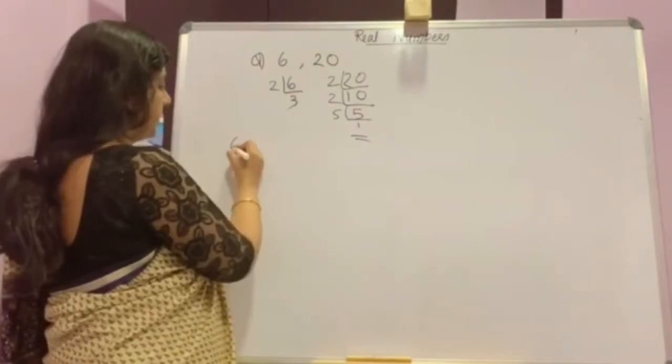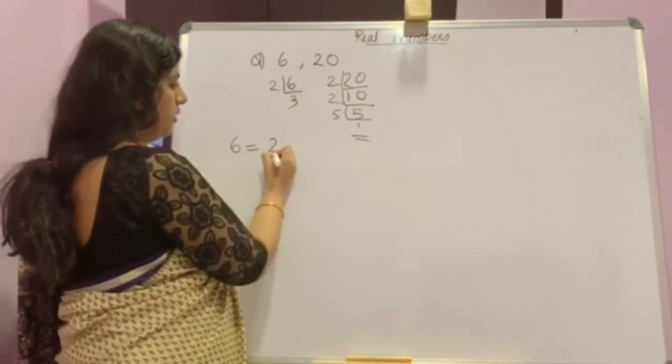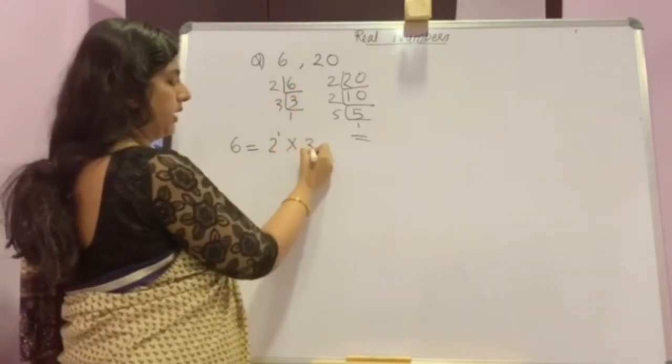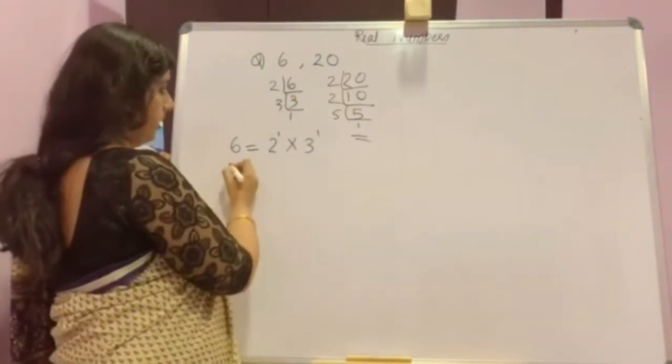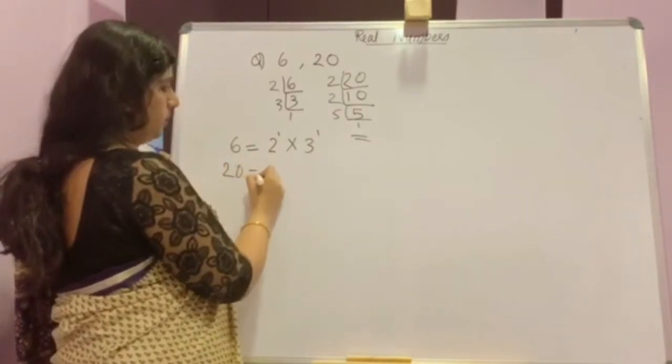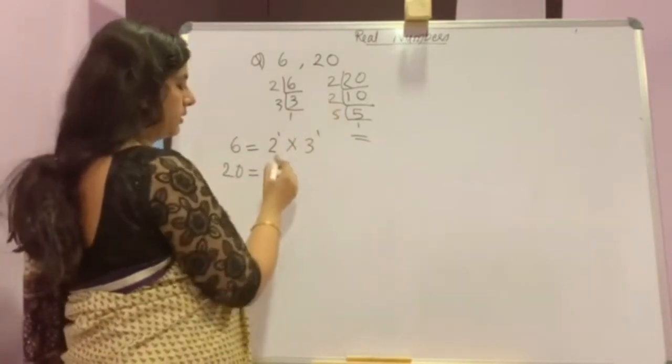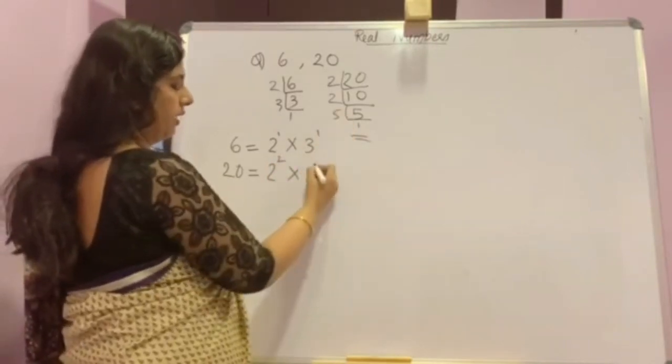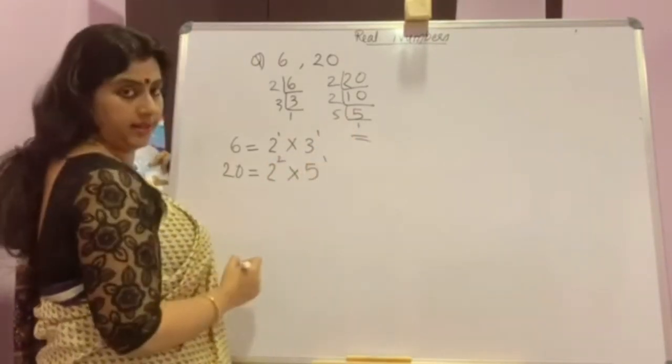Now we will write 6 is equal to 2 raised to 1 into 3 raised to 1. 20 is equal to, how many 2s are there? 2 2s. So power is 2 into only one 5. So 5 raised to 1.